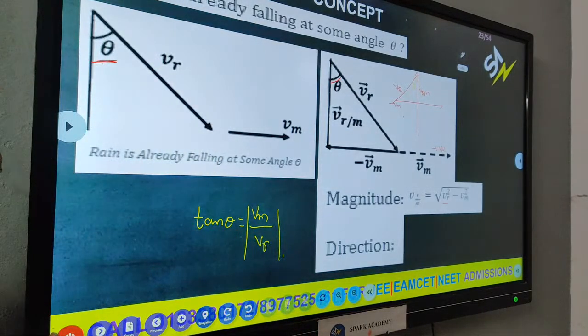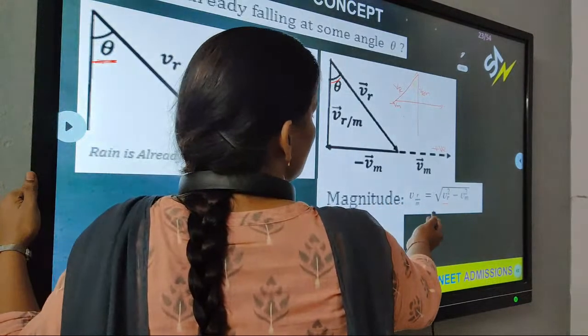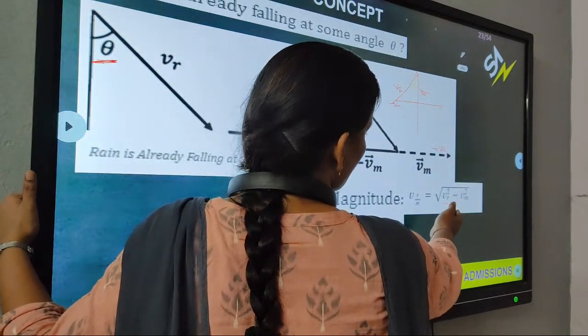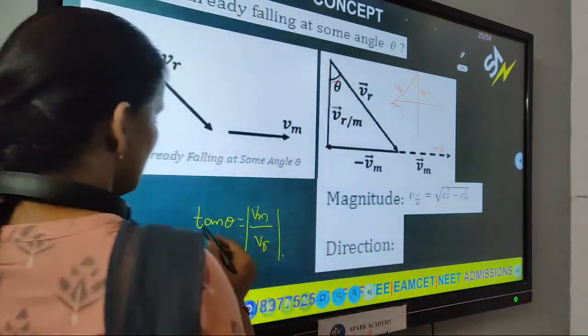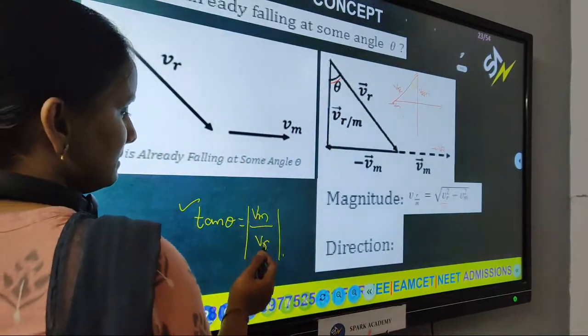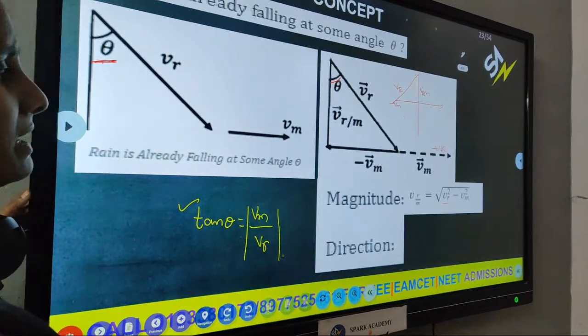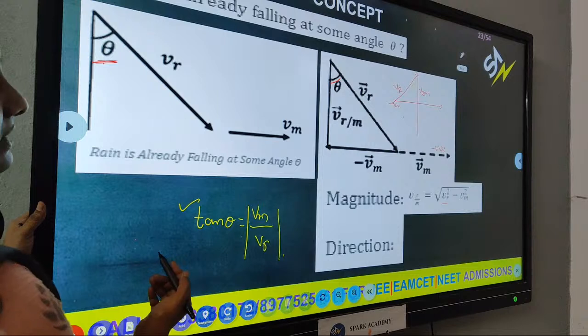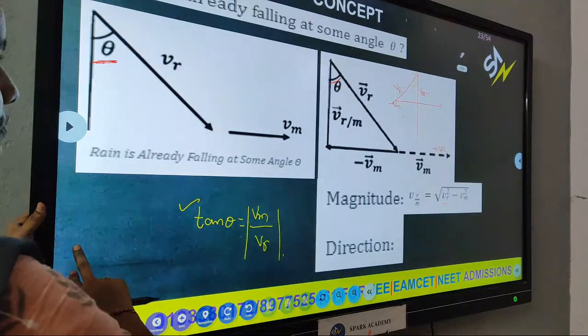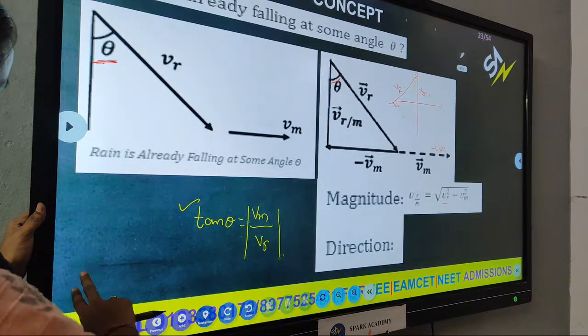So if rain is already falling at some angle theta, the relative velocity is under root of Vr square minus Vm square, and the direction is given by mod of Vm by Vr. So this way we can find the direction. These two are important in the rain man concept.